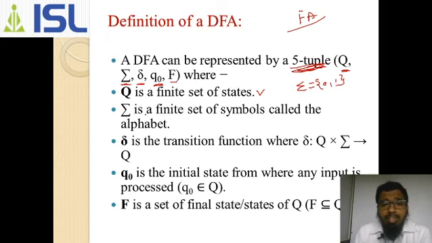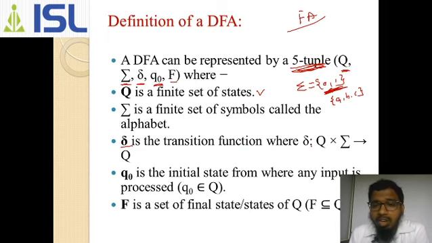Sigma is a finite set of symbols called the alphabet, like 0, 1, or A, B, C. Delta is a transition function, delta: Q cross sigma to Q.